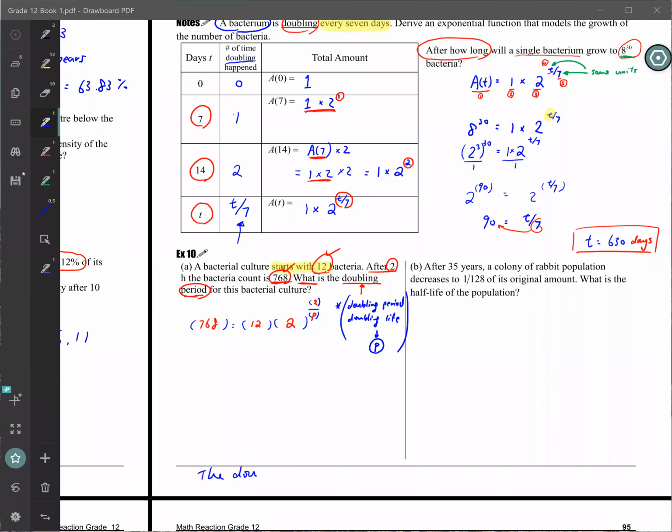For the final answer, just write out a simple sentence: doubling period is something, okay?